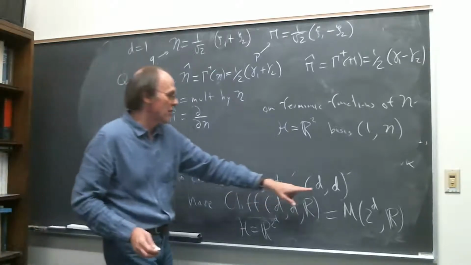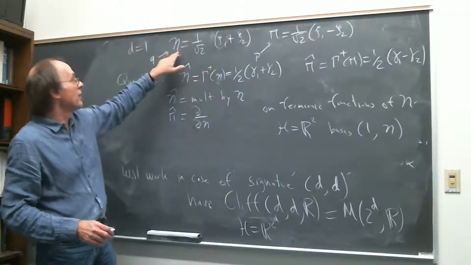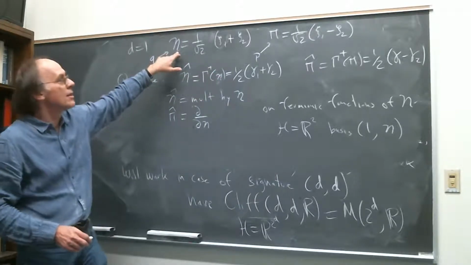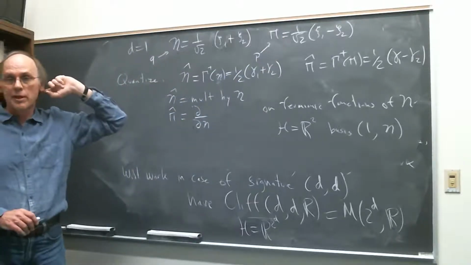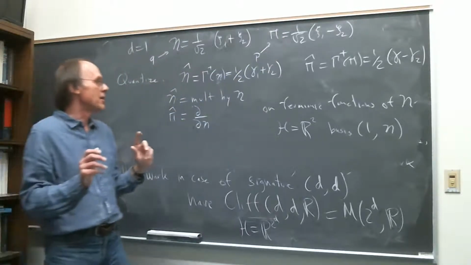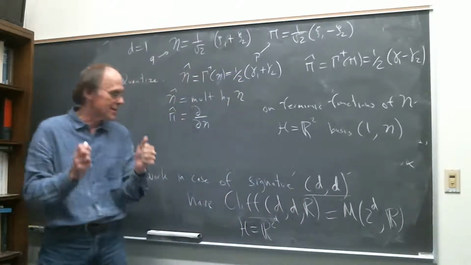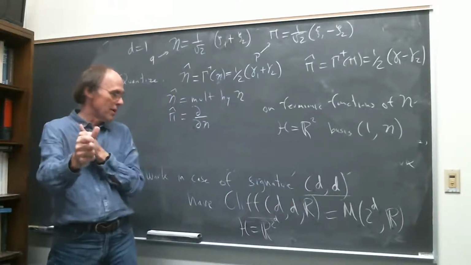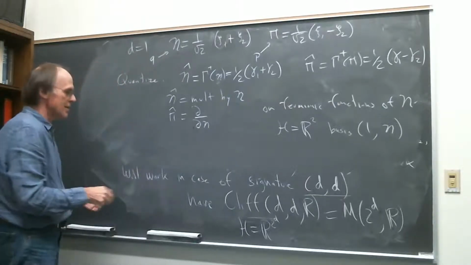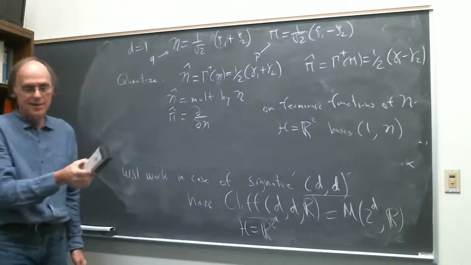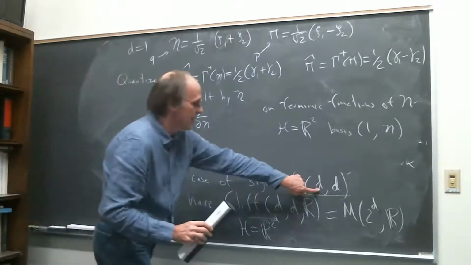You can do this for arbitrary D. The same trick works for arbitrary D. You just put in lots of different etas and lots of different pi. But the thing that you need is, it only works in this special case where V is odd dimensional with an equal number of plus and minus signs. And so this doesn't give you what you normally want. You normally don't have this case.